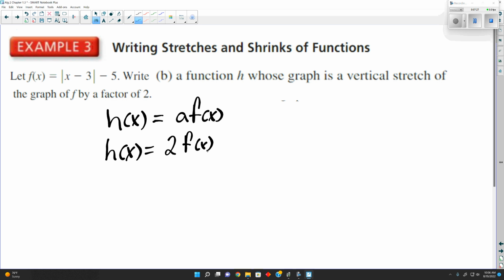Well, since we didn't change, it's still just f of x. We can replace f of x with its function, which is going to be the absolute value of x minus 3 minus 5.